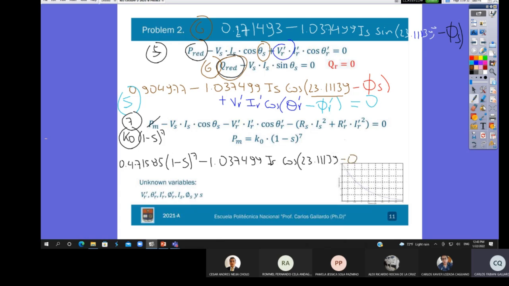Because it's power, I need to include the angle of the current.